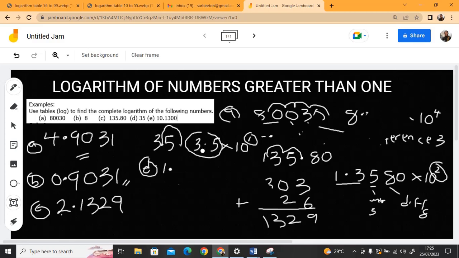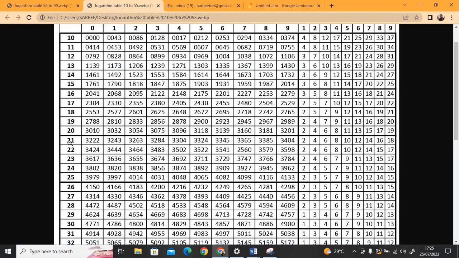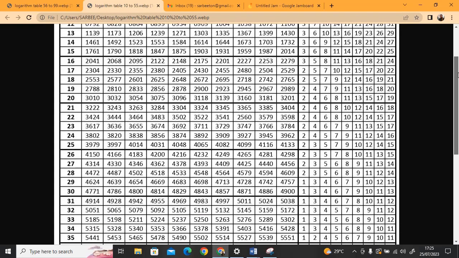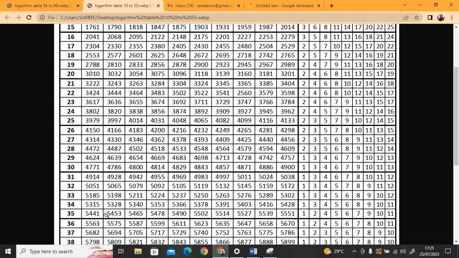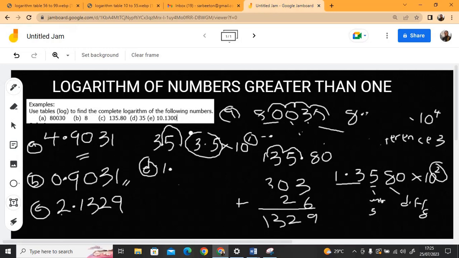There's nothing less than 10 in my logarithm table, so I'll check for 35 under 0. 35 under 0 is 5441. So let's write this 5441. That is that for that D.